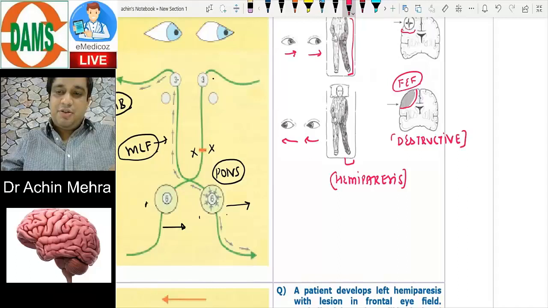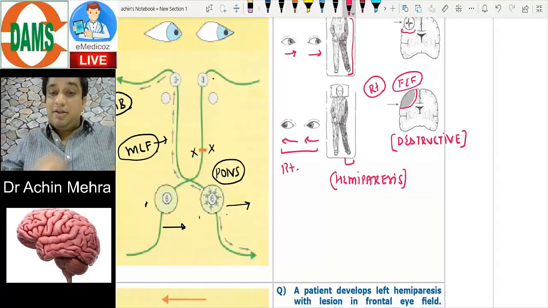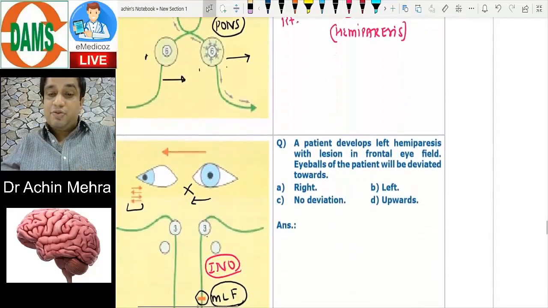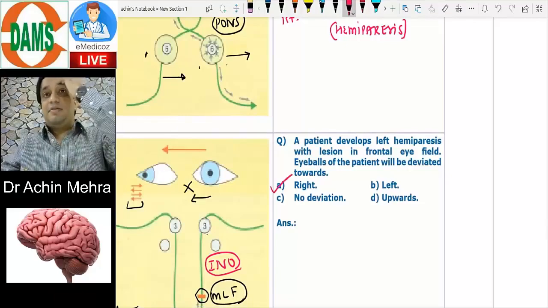Because of that, the frontal eye field has also been destroyed in the patient. The eyeballs will move where? If the lesion was in the right cortex, the eyeball will move towards the right side of the patient. So the eyeballs will move towards the right side. Simple.